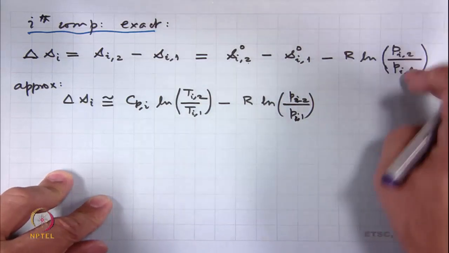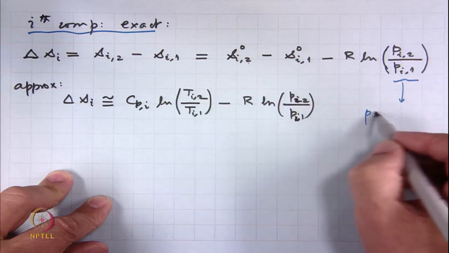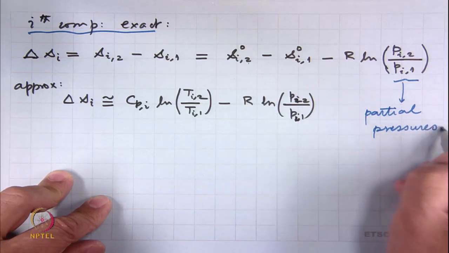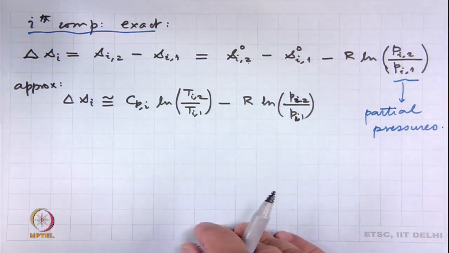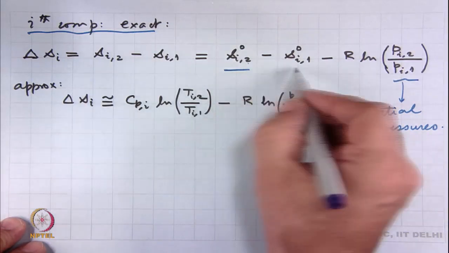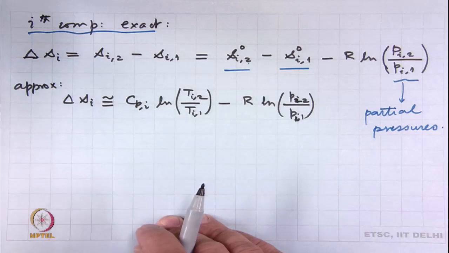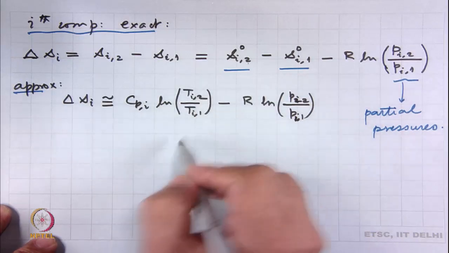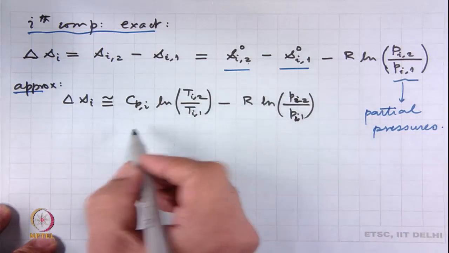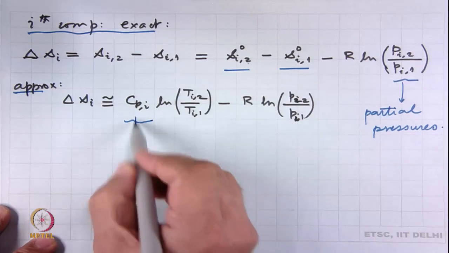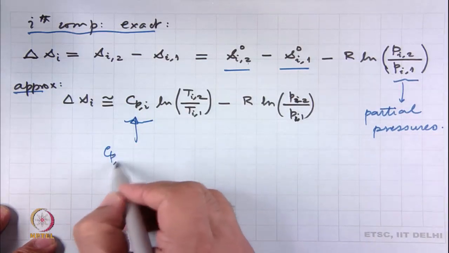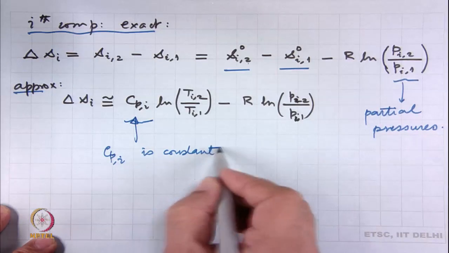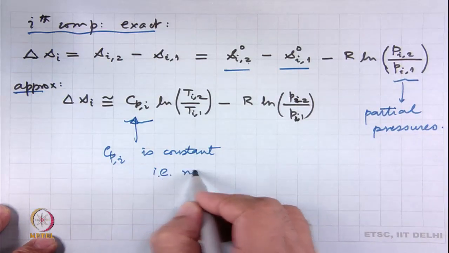So the pressures became the partial pressures, and these are standard state entropy values. So this is the exact solution. The approximate solution is what we just wrote, delta S is Cpi ln T2 by T1 minus R ln Pi2 by Pi1, and all that we did here from the earlier relation was this part where we said that Cp, the specific heat of the ith component, is constant, i.e. not dependent on temperature.